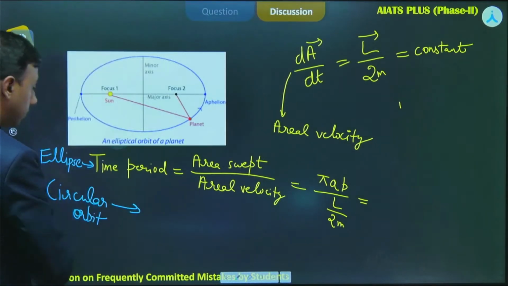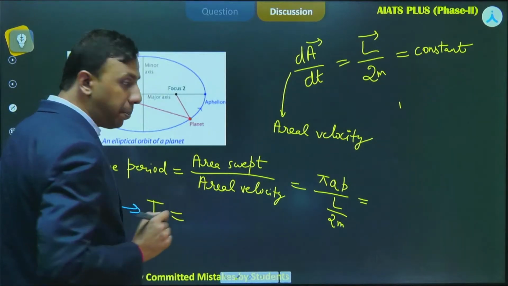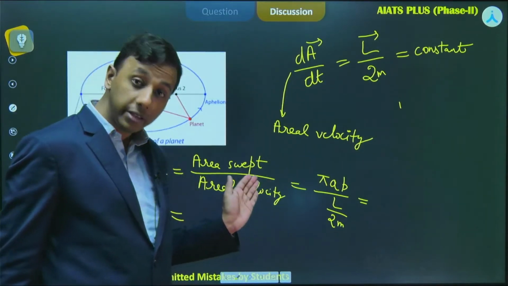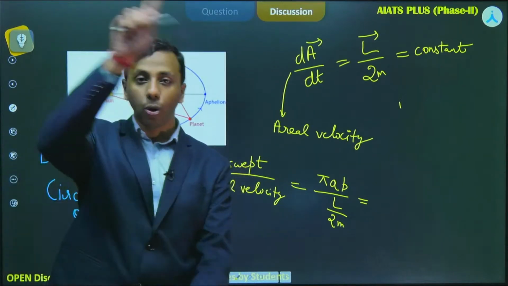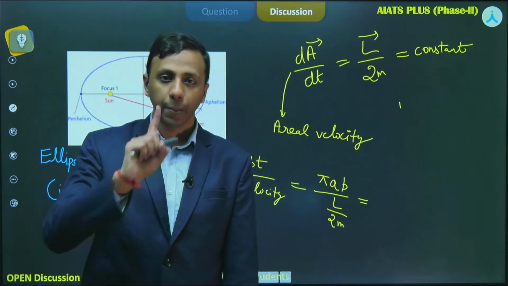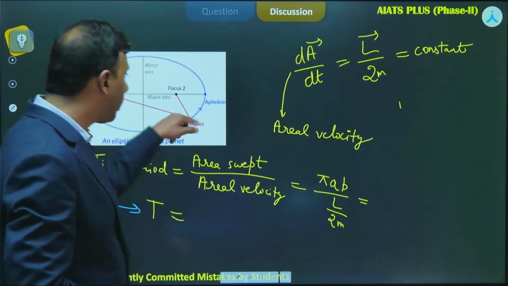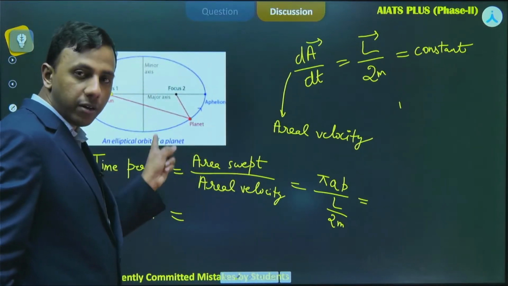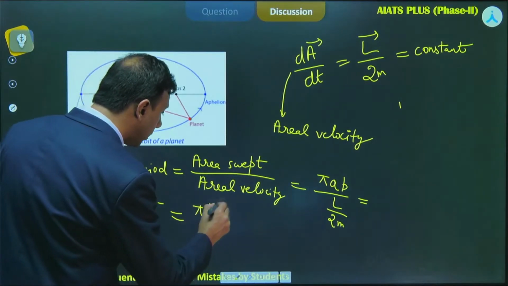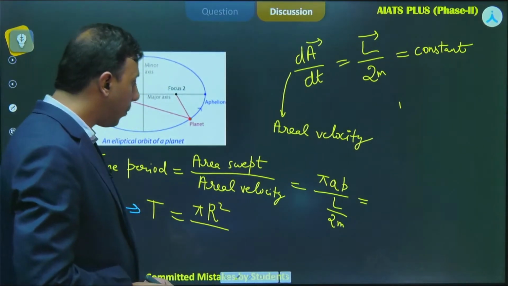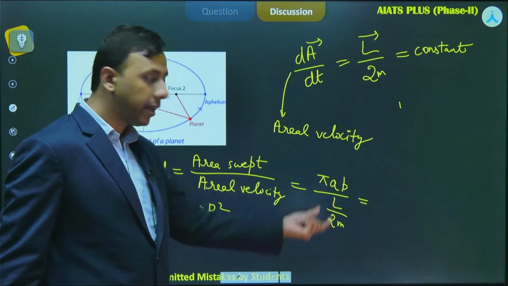You can use the exact same formula over there also. Area swept will be how much? For the whole circle, area swept will be pi r square, from this point it is doing one revolution and coming back to the same point. So time period is pi r square upon aerial velocity, that is L by 2m.